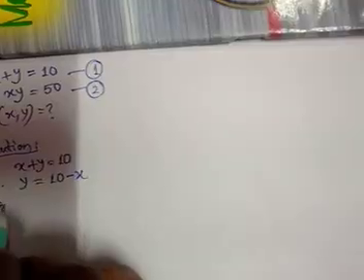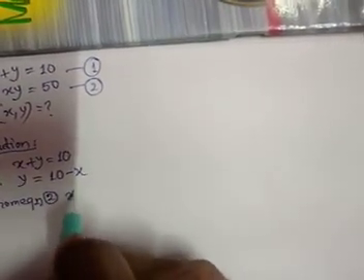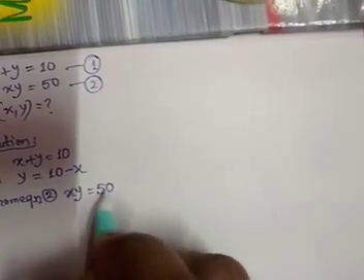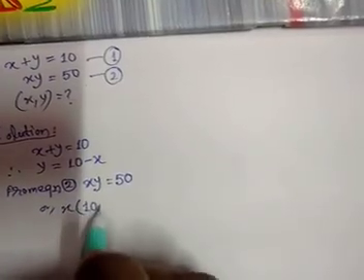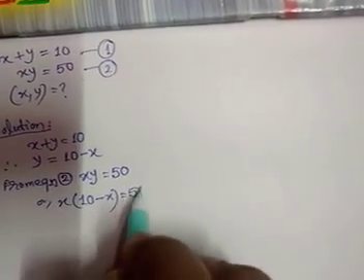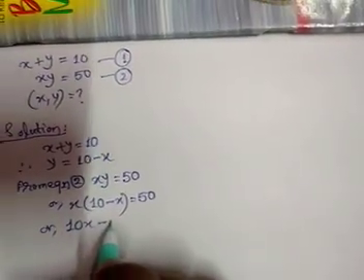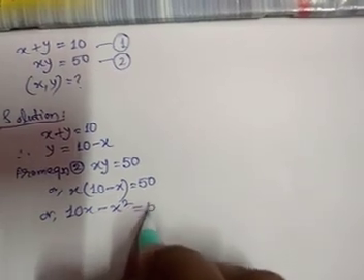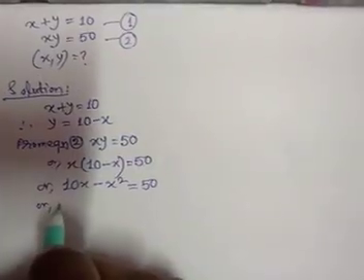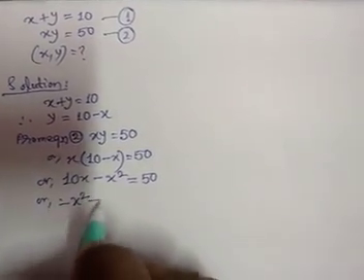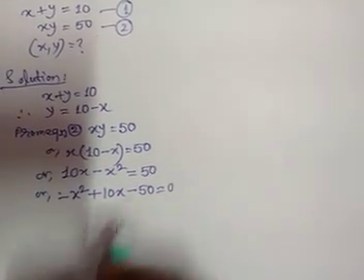Now from equation 2, xy equal to 50, or x times (10 minus x) equal to 50, or 10x minus x square equal to 50, or minus x square plus 10x minus 50 equal to 0.